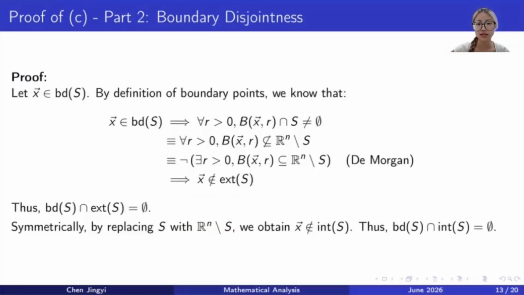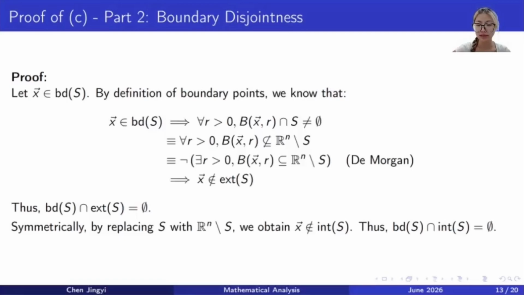And then let X be inside boundary S. By definition of boundary point, we know that for any r larger than 0, ball X r intersect S is not empty, and ball X r is not inside Rn except S. By De Morgan's law, we can say X is not inside exterior S. So we know boundary S intersect exterior S is also empty.